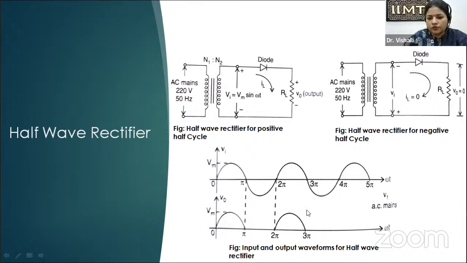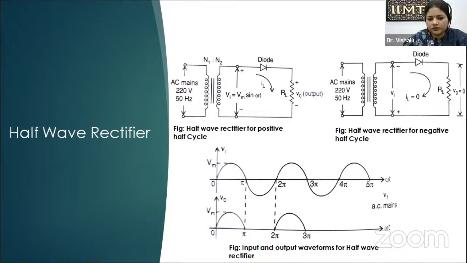So this is the net output which we will obtain in the case of the half wave rectifier. So half wave is able to rectify only half portion of the input waveform, because in the second half, it is not conducting due to its reverse bias situation.